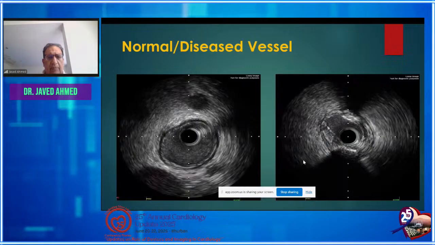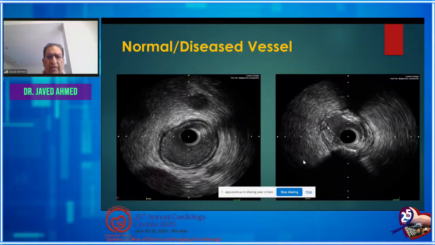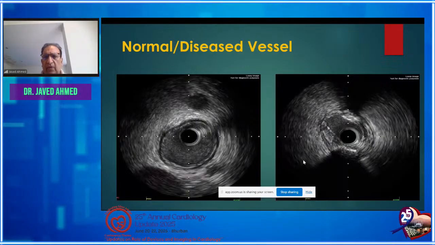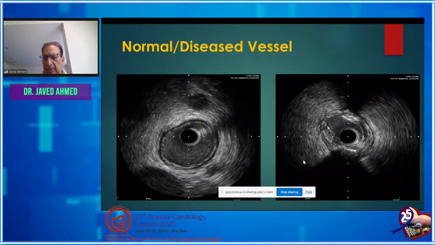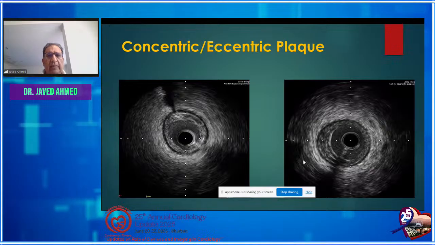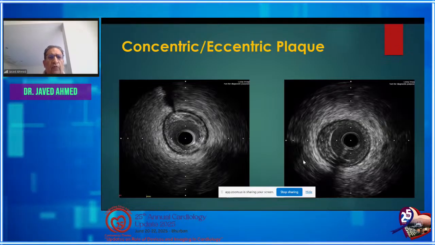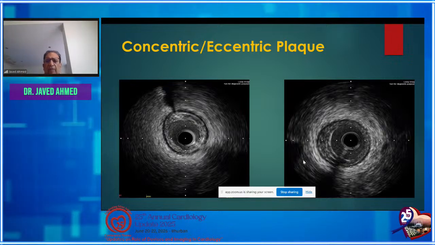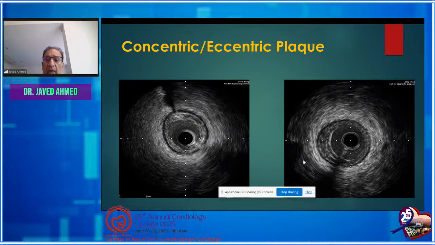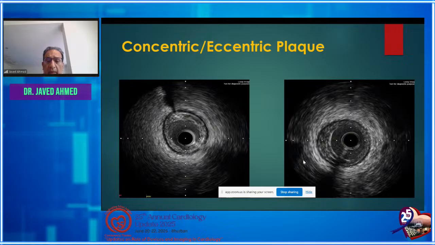This picture shows a normal vessel on the left-hand side and a diseased vessel on the right-hand side with fibrocalcific plaque. This is an example of concentric plaque on the left-hand side and eccentric plaque, which is mainly on one side of the coronary artery.